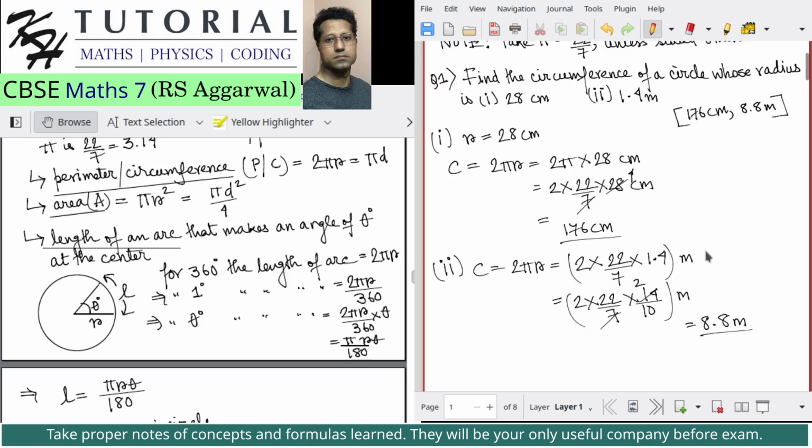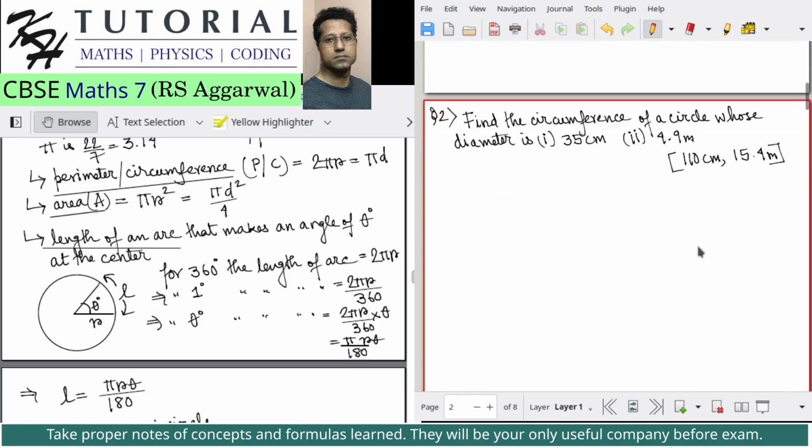Okay, let's see the next problem. Question number 2, find the circumference of a circle whose diameter is given. This time the diameter is given. We know the diameter is twice the radius. So the direct formula for the circumference in terms of diameter will be pi d. We know circumference is 2 pi r.